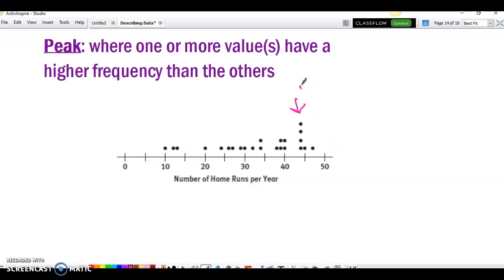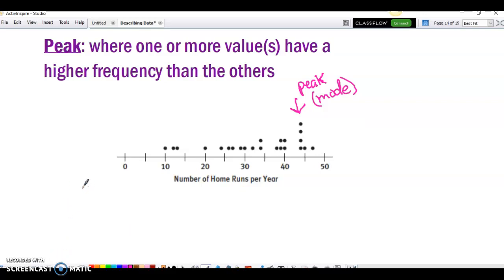So think of your peak like a mountaintop, or in what we've been doing the last few weeks, think of peak as your mode, okay? And you can have more than one peak, you can have more than one mode. In this example, I just picked it out for you because it was so obvious, okay? So your peak is where you've got one or more values at a higher frequency. Think mode: mode most, peak highest, okay?